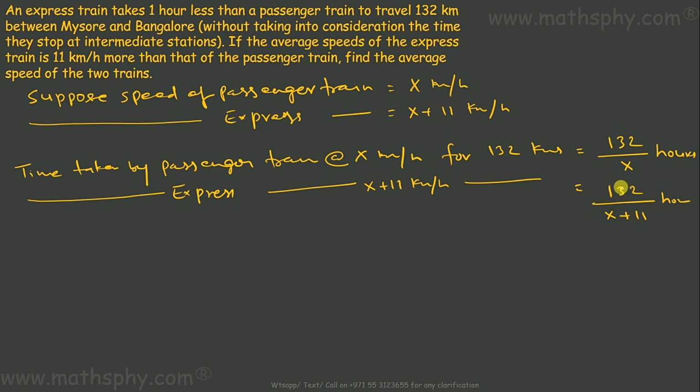If this is 1 hour less, what I can do is, if I take off 1 hour from this time, this time and this time would be equal. Suppose this is 5 hours and this is 4 hours. So if I take off 1 hour from this, it will be 4 hours. This will also be 4 hours. That's the idea here. Now let's solve this.